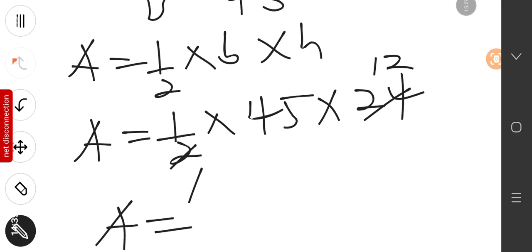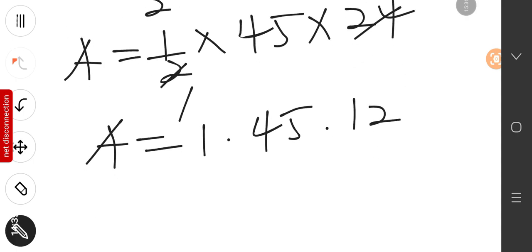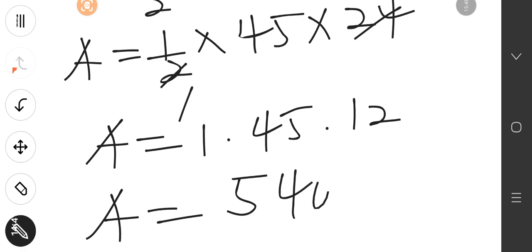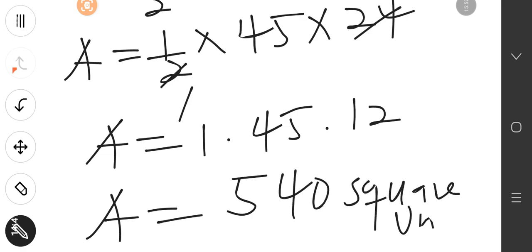So we have A equals 1 times 45 times 12. So 1 times 45 times 12 gives us 540 square units. So this is the area of the triangle.